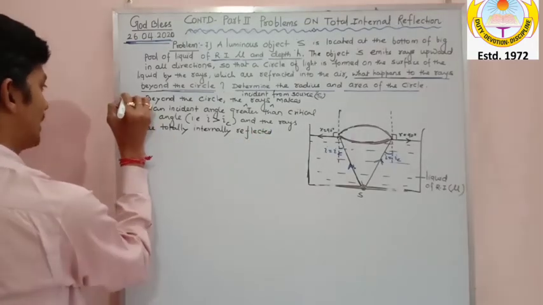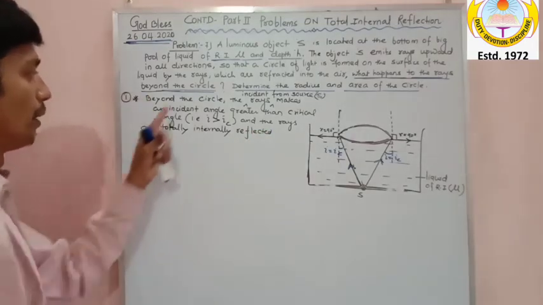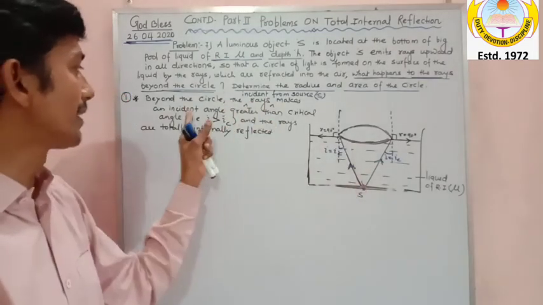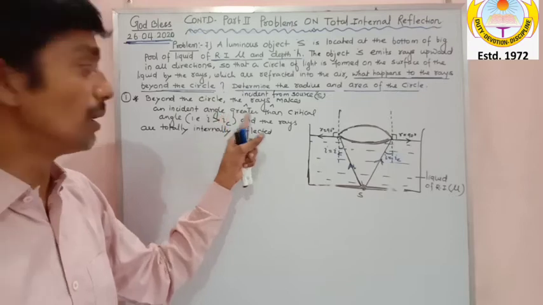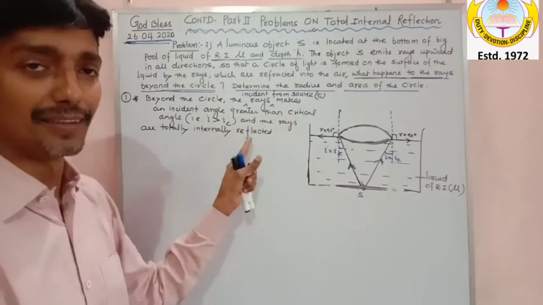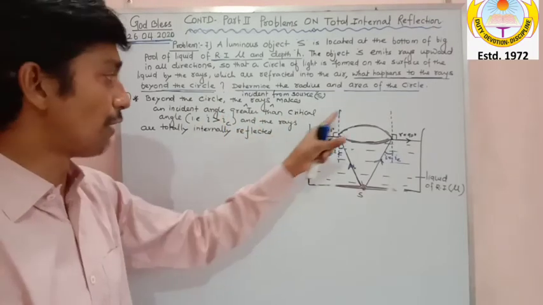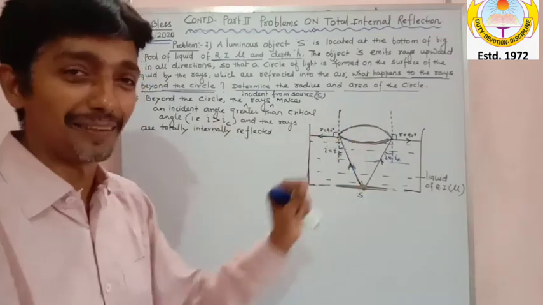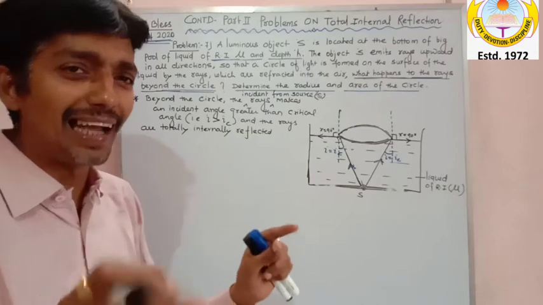I hope the first answer is clear, that beyond the circle, the incident ray from source S will make an angle of incidence greater than the critical angle, because for refraction the angle was less than the critical angle and they form the circle. Next step, I less than IC.